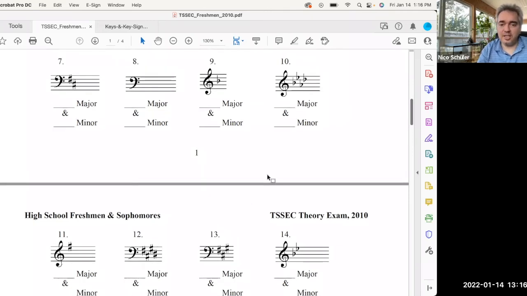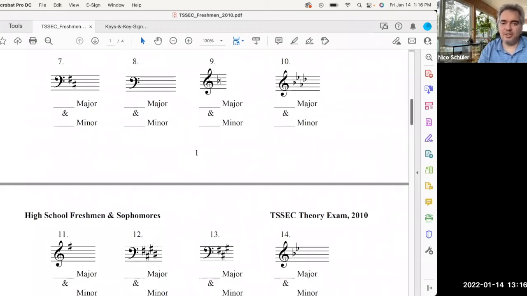For the flatted key signatures, it's also for major keys, the second to last flat is in fact the name of the key. So the key signature with 4 flats is for A flat major, because the second to last flat in the key signature is A flat.